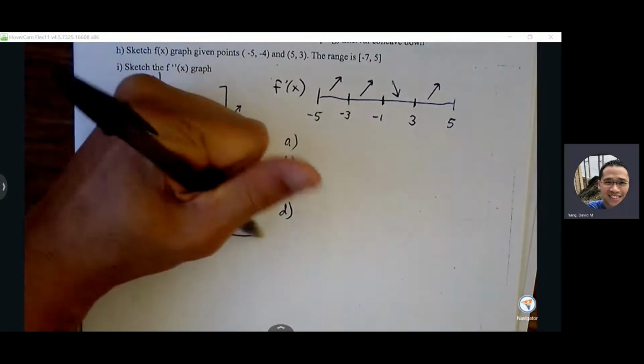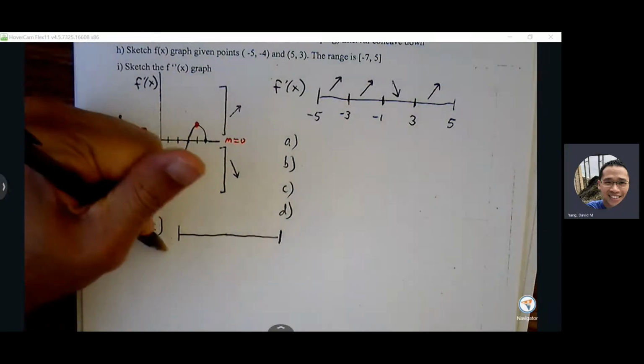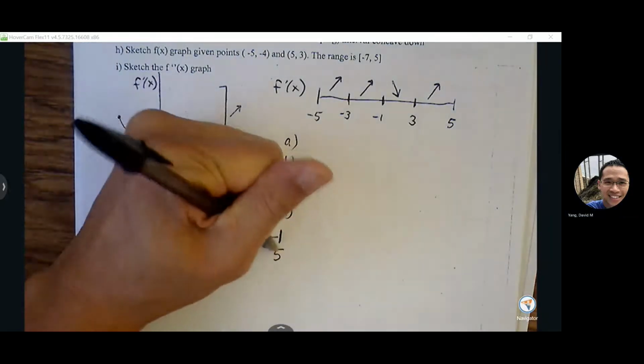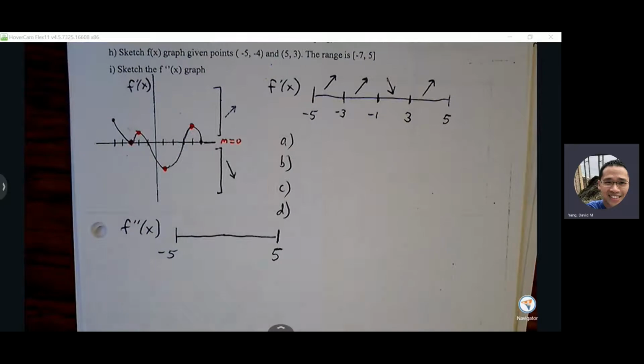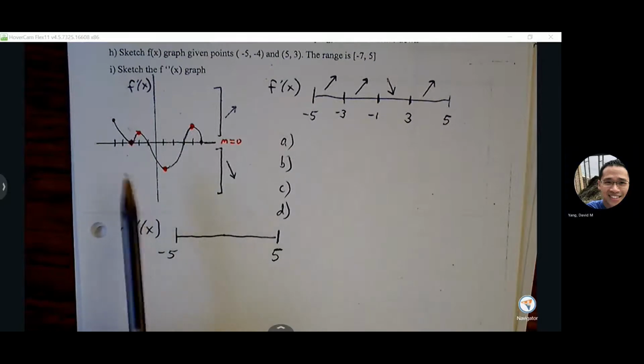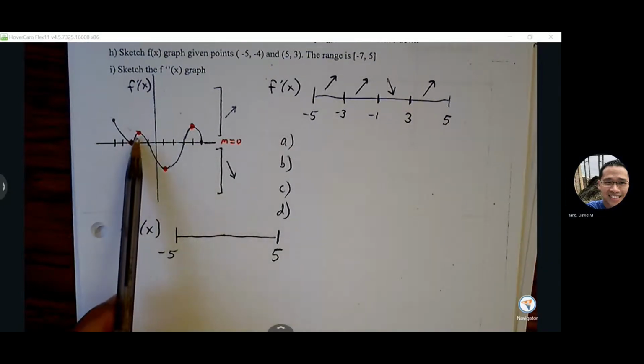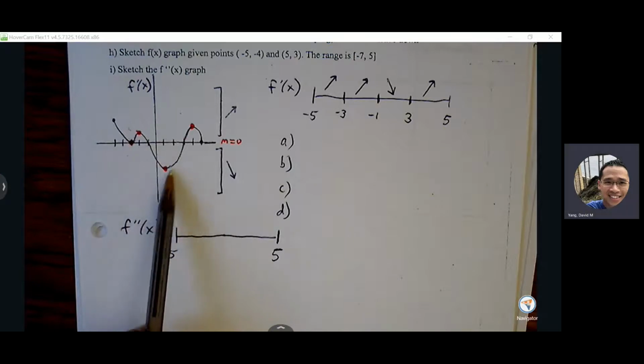Okay, so second derivative sign line. So -3, -2, 1, and 4.